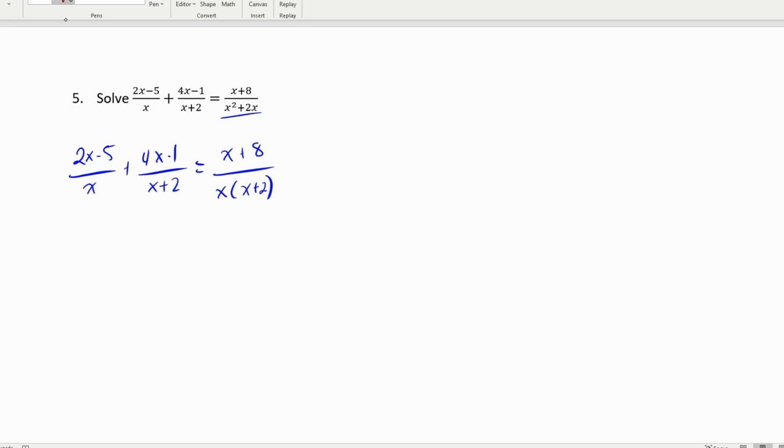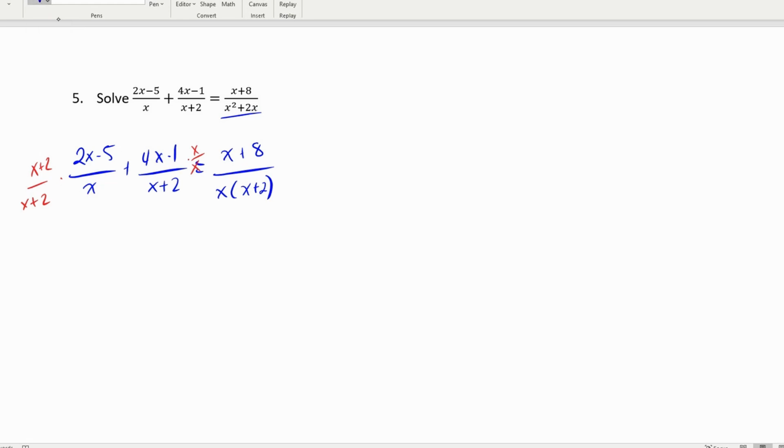I'm going to multiply the first fraction by (x plus 2) over (x plus 2), and the second fraction by x over x. I don't need to multiply the fraction on the right by anything, because this comes out to be the lowest common denominator between everything.